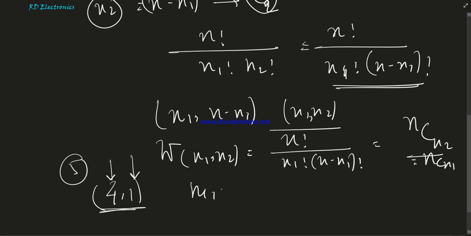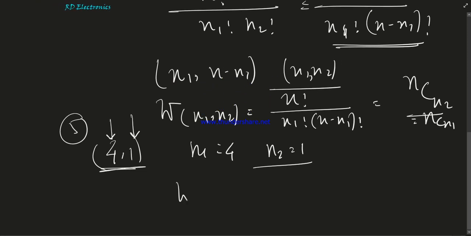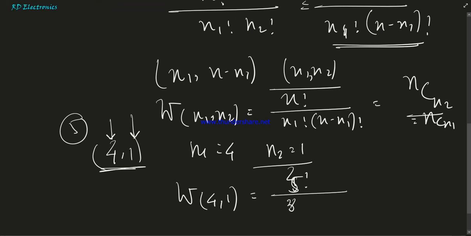That is, here n1 equals 4 and n2 equals 1. Now, what is the thermodynamic probability for 4,1? This is 5 factorial, because it is n factorial divided by n1 factorial, that is 4 factorial, into 1 factorial.